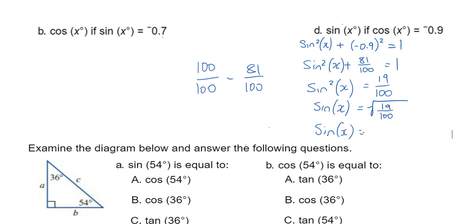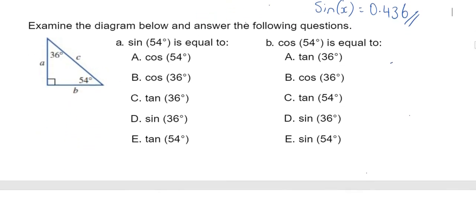If we put it on a non-calc section, obviously we'll make the numbers work out a bit nicer, like we did with the first one. So this is 0.436 to 3 decimal places. Very, very similar, and we're just working our way through, trying to keep it in fractions and doing our fractions as we go.